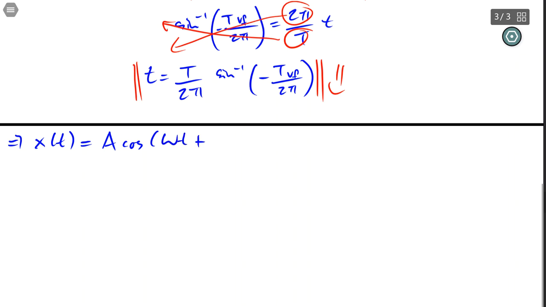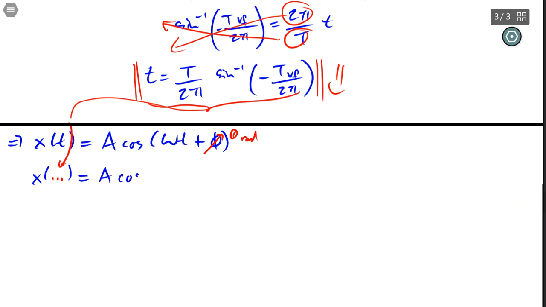Once again, this is now 0 radians, so I don't need to write that at all, but I'm doing that for the sake of completeness. This x of t is going to be this big T right there. I don't have enough room to put it, so I'm going to use dot dot dot. I'm going to use a lot of brackets now.